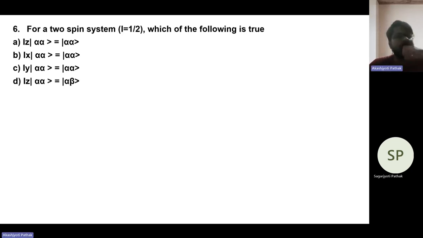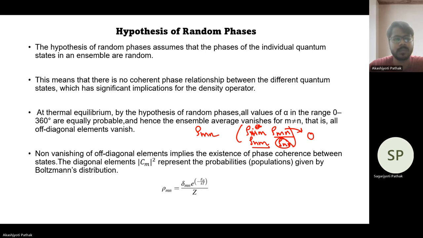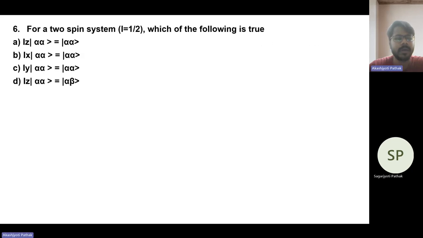What will the Iz operator acting on this alpha alpha spin system result in? What does the Ix operator on the alpha alpha spin system yield? And the Iy and Iz operators acting on this alpha alpha spin system, what do they result in? Try out this question.